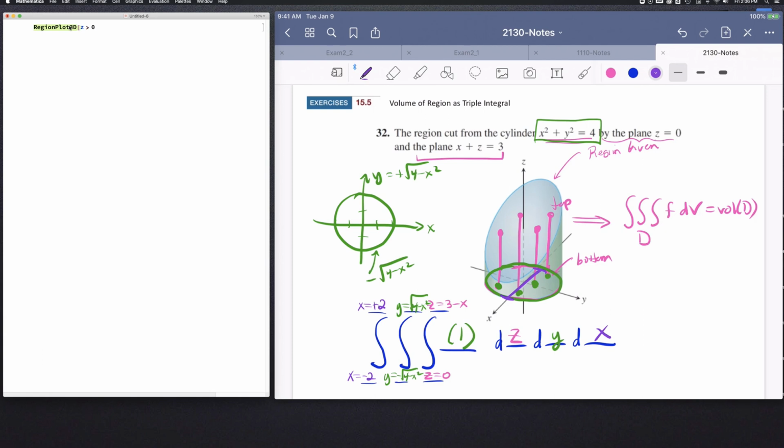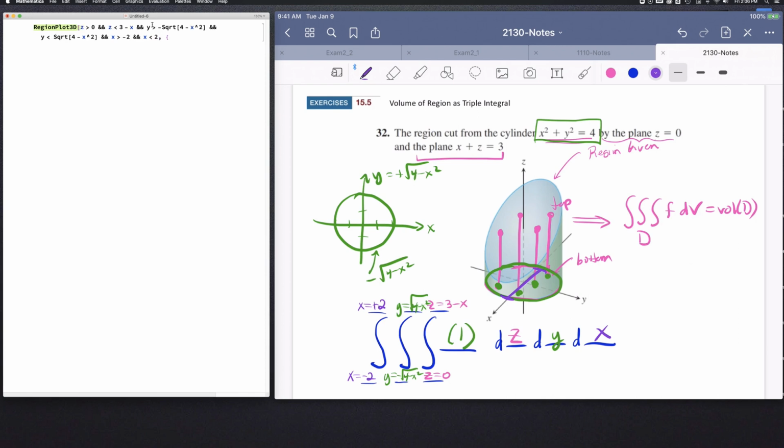Put in your limits of integration: z bigger than 0 but less than 3 minus x, y bigger than the negative square root of 4 minus x squared but less than the square root of 4 minus x squared, and x bigger than negative 2 but less than 2.